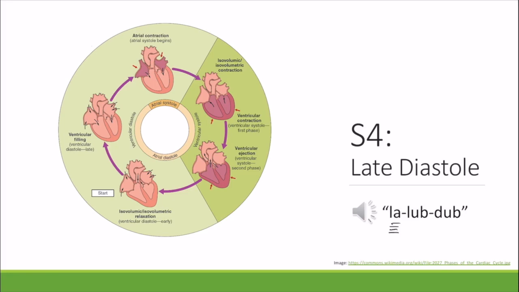S4 is associated with the atrial contraction, or that primer pump. When the atria contract into a high volume ventricle, you can get what's called the atrial gallop. So S4 is seen when there's increased resistance to ventricular filling.